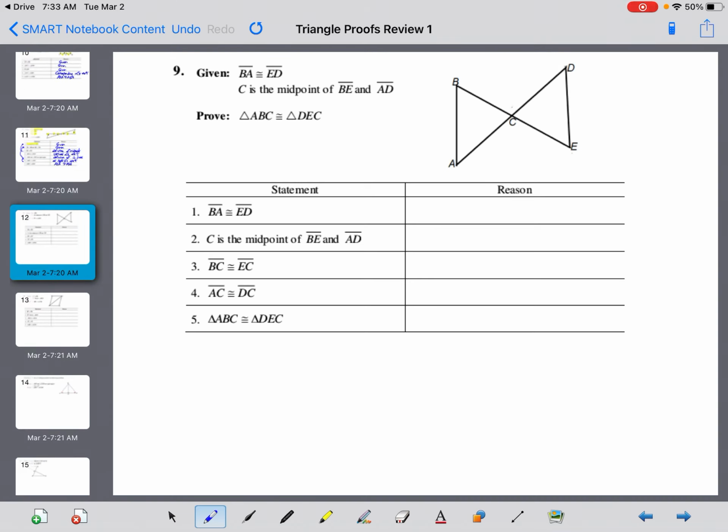Okay, number 9. Given that BA is congruent to ED, we're also given that C is the midpoint of BE and AD, which is a given.